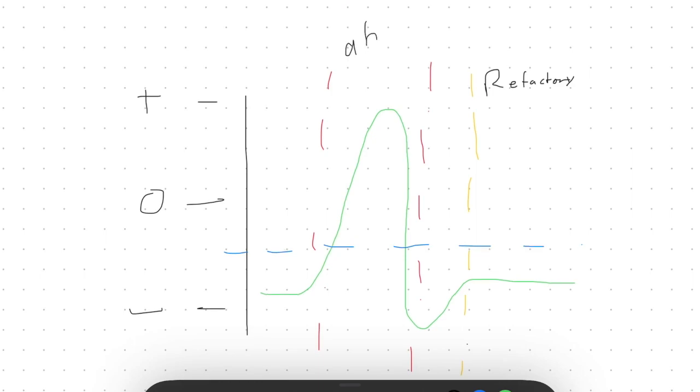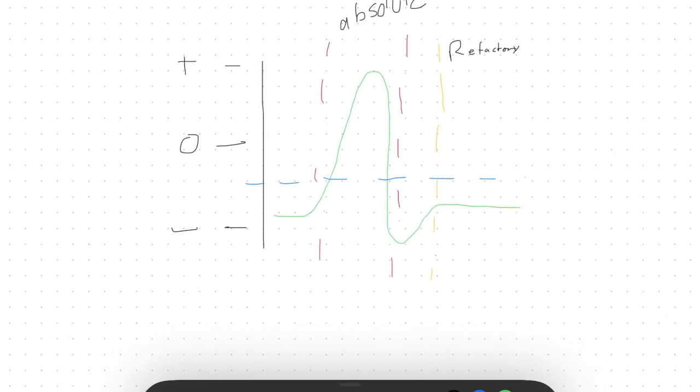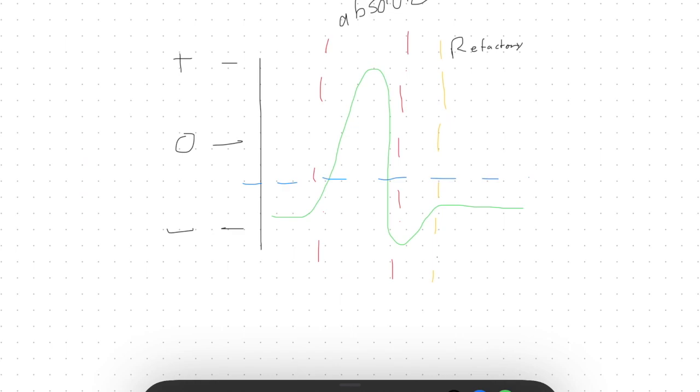The absolute refractory period, going into a little more detail: during this period, sodium channels are inactivated and incapable of opening, which prevents the initiation of another action potential. This is the period as it's rising and as it's above the threshold, essentially.